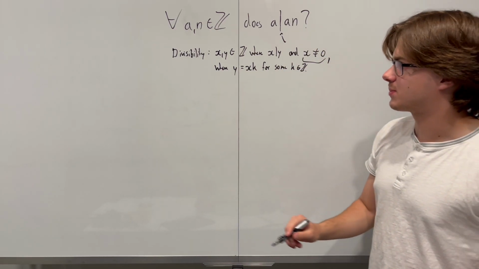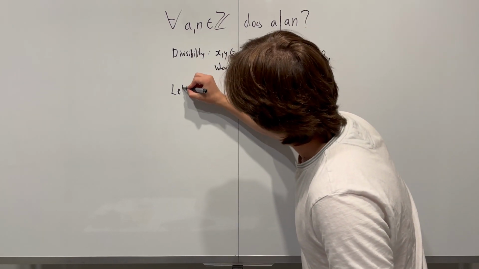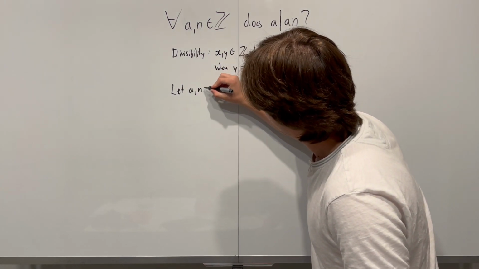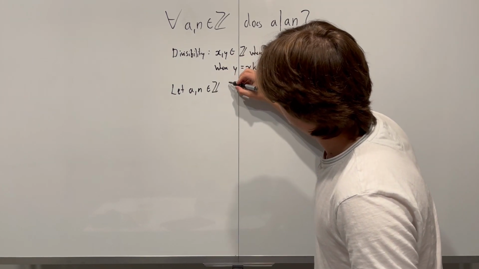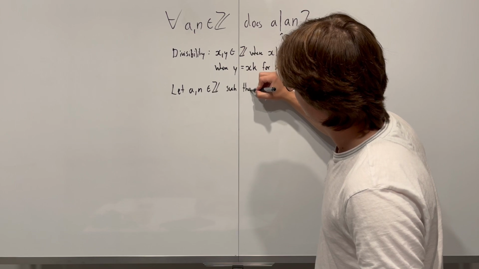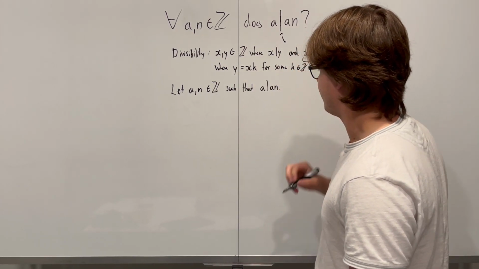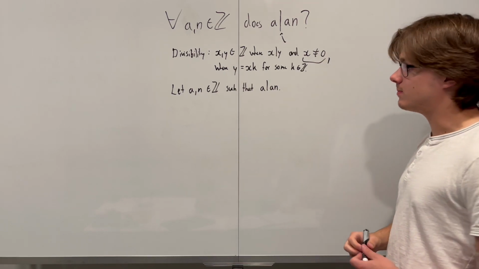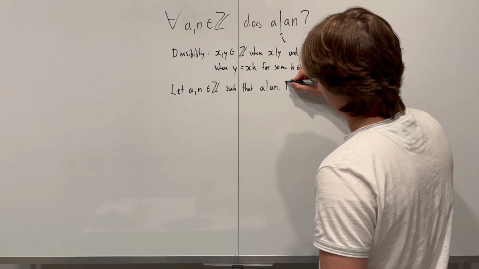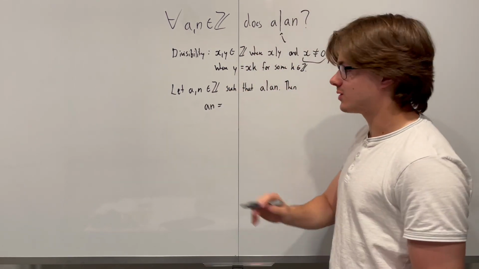So how do we start this proof? This is a for-all proof, so we start with let. We say let a and n be some integers such that a divides an. Okay, what does this mean? Well, this means that then an must be a multiple of what's on the left-hand side.